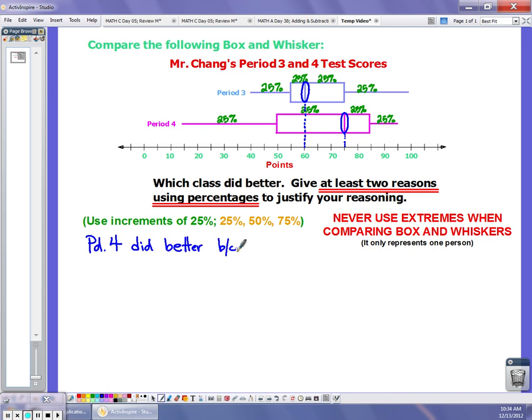Because, and I'm just going to abbreviate because, we can see that 50% of period 4 scored above a 75.